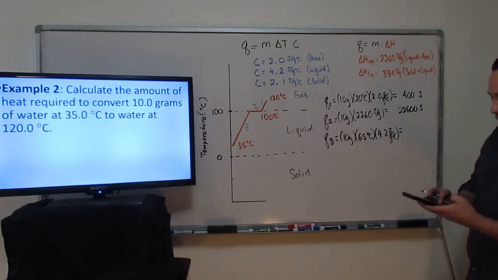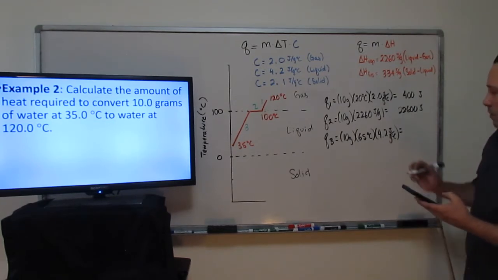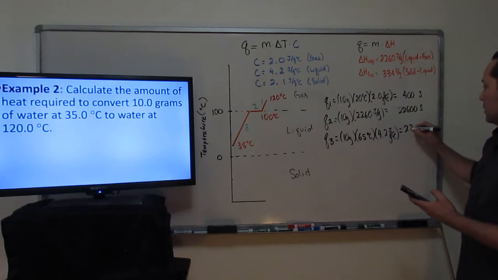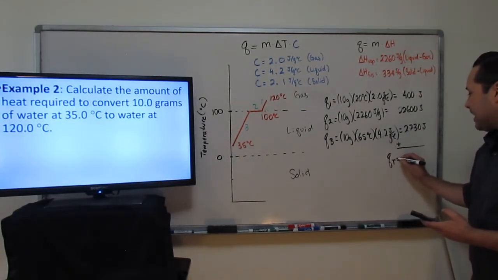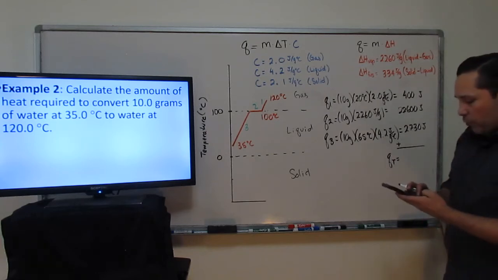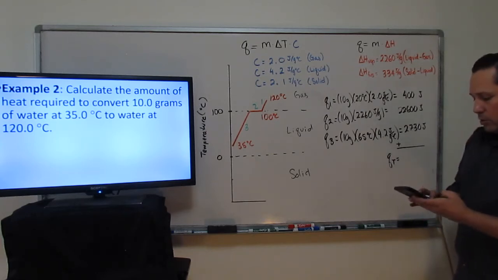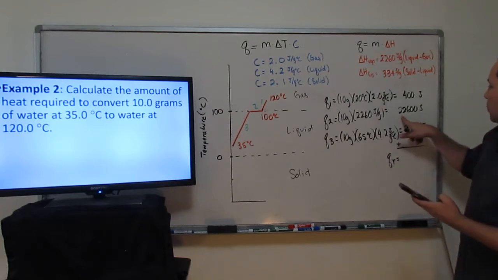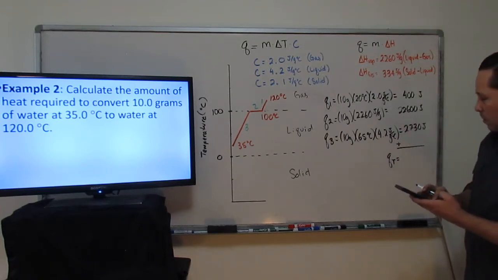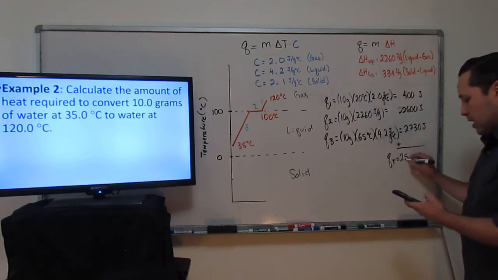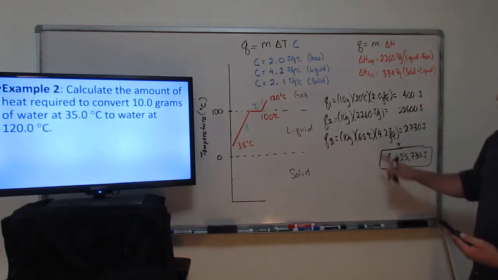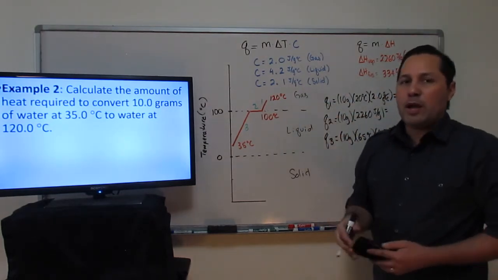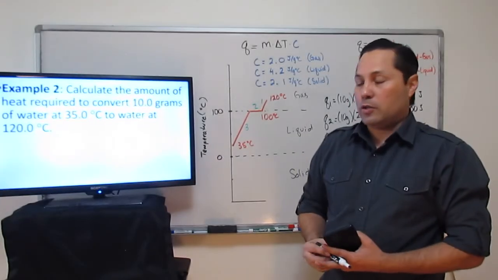And 10 times 65 times 4.2 gives me 2,730 joules. To get the grand total, QT, it's 400 plus 22,600 plus 2,730, which gives me 25,730 joules, and that is the total amount of energy to get our water to vapor at 120 degrees Celsius.